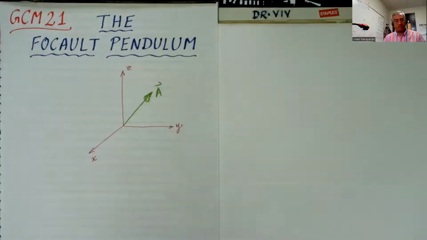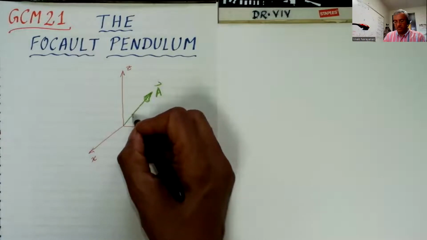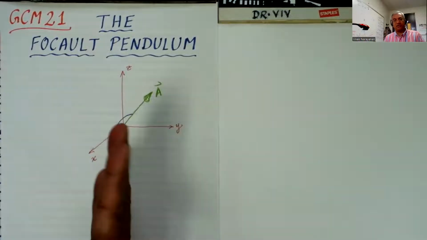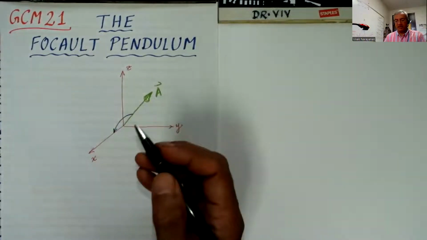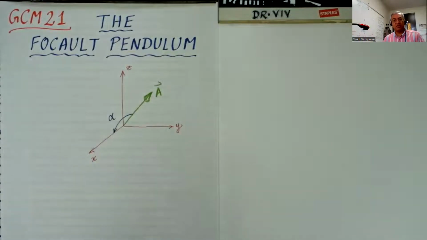Now you can use a coordinate system like spherical polar coordinates, but it's much more convenient to use a coordinate system that is used a lot in civil engineering, and that's the direction cosines. The vector A and the x-axis together constitute a plane. In that plane, the angle alpha is the shortest angle between A and x.